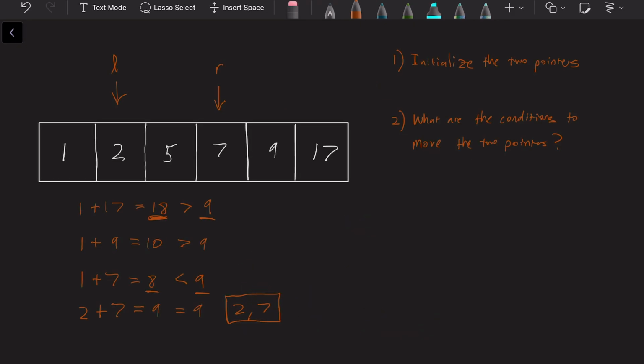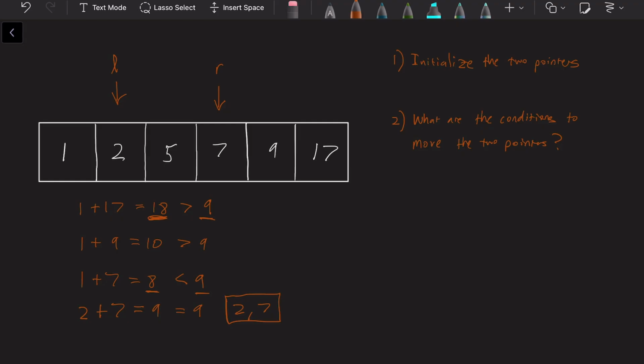So just to have a framework, how did we actually come to this solution? We thought through two main phases of the problem. First, we had to think about where to initialize the 2 pointers. For us, that was at the start and end of the array. Because the array is sorted, we know that the starting element is the smallest element and the ending element is the largest.